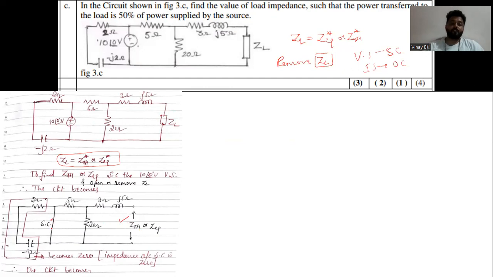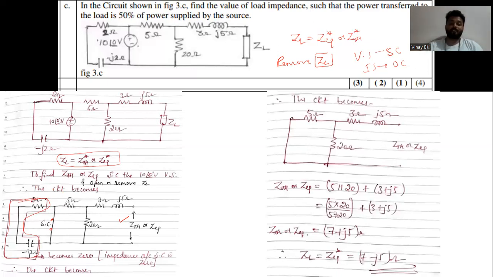Short circuiting the 10 volt voltage source, the impedance connected across the short circuit, this 2 minus J2, becomes 0, so that part goes. Only this circuit is left: 5 and 20 are in parallel, and this combination is in series with 3 plus J5.